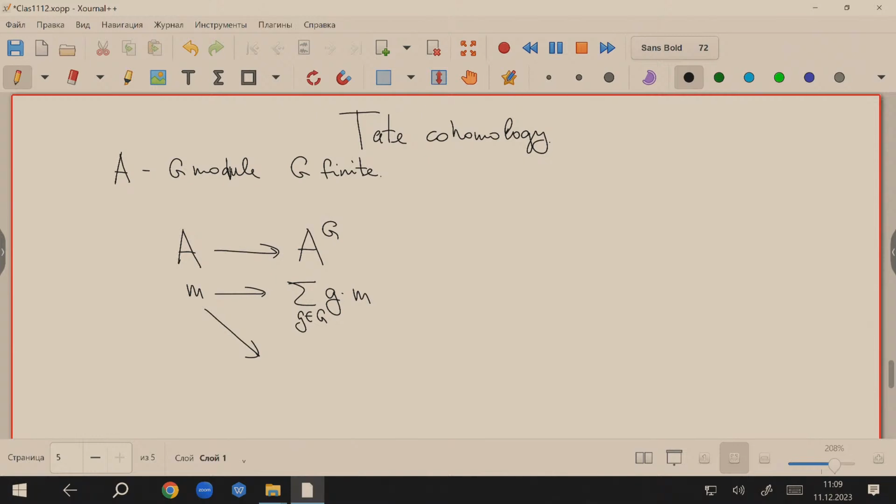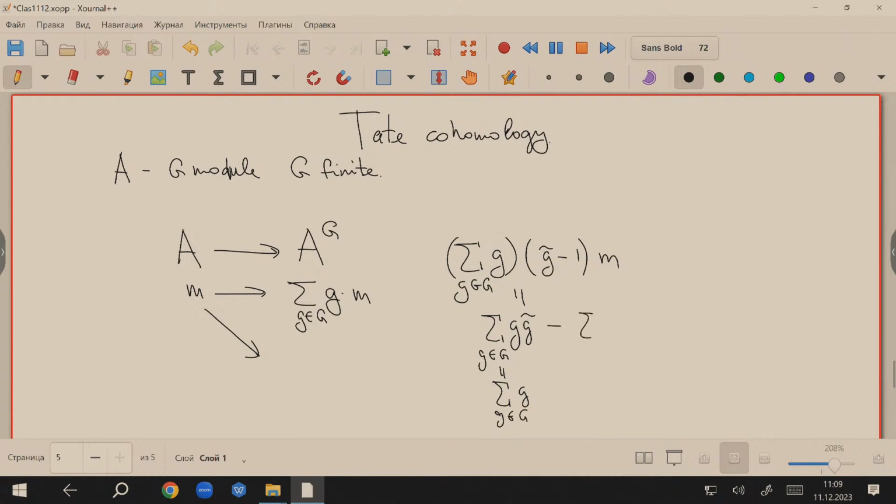Since if you apply the averaging operator to (g minus 1)m, an element of this form, this is averaging over g and g tilde, so this is just equal to the averaging over G minus the averaging over G. So this is just 0.